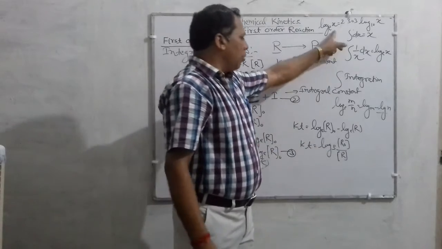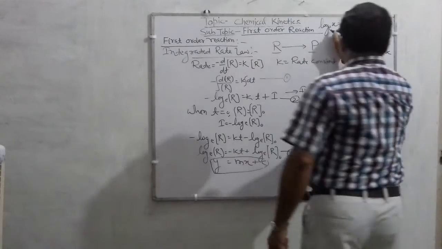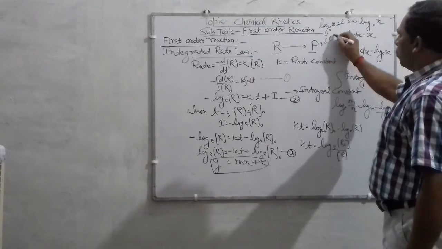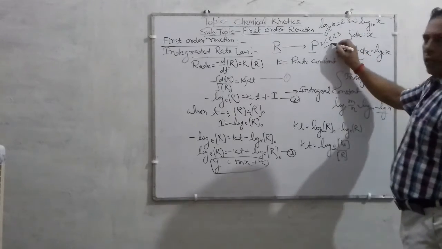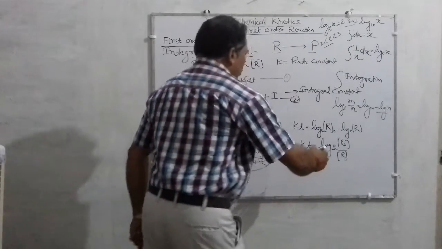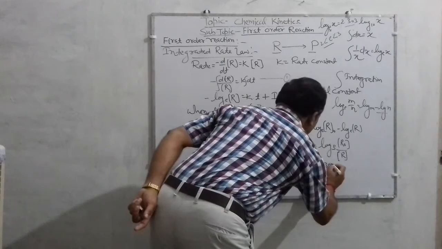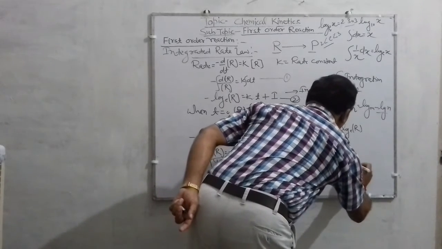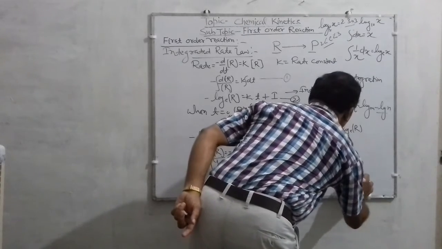Must remember this formula for changing base e, because the value of the exponent e varies between 2 and 3, and it is just equal to 2.303. Alright, so this may be written as kt is equal to 2.303 into log 10 r0 by r.